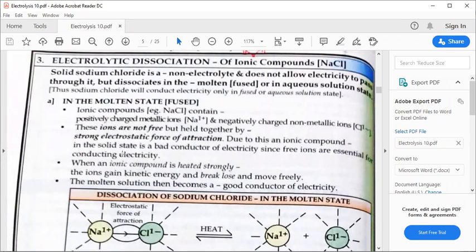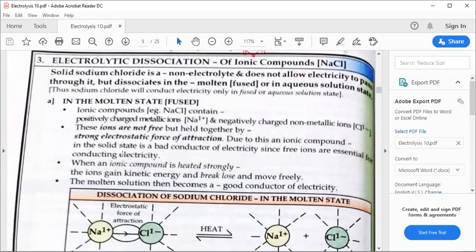Therefore the solid state compound is a bad conductor, because free ions are essential for conducting electricity. Now, how do you make it molten? By heating. When you heat this NaCl, the electrostatic force of attraction gets weakened and the ions gain kinetic energy, meaning they get some momentum.